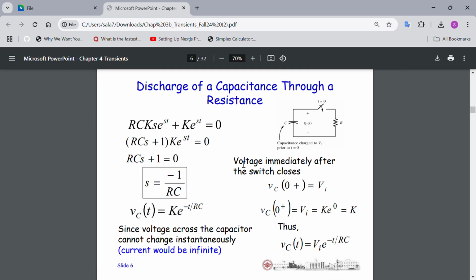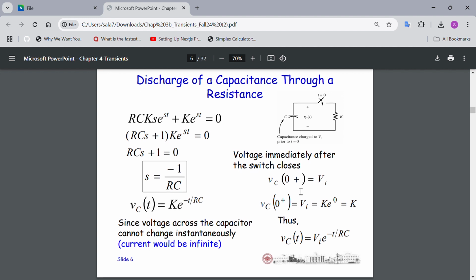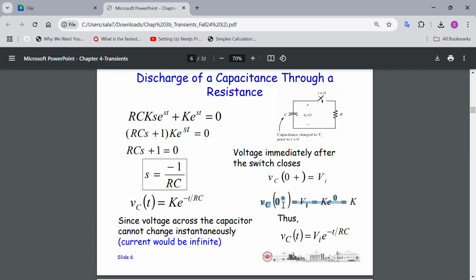And so let's talk now about k. How can we find k? The voltage immediately after the switch is closed is vC(0+). 0+ means the voltage just after the switch is closed, and that equals the voltage across the capacitor, which is V naught. As you said, it has been charged before, so vC after the switch is closed equals V naught.